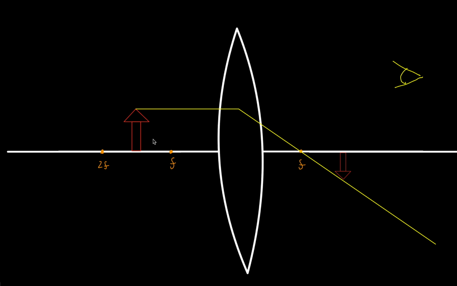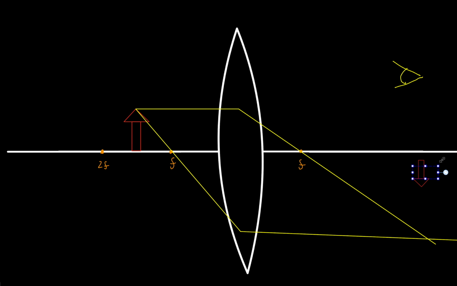Same thing over here, but going through our focal length down here, a little bit steeper, and then moving straight. So now we have a real inverted image, but this will be an enlarged image, as you can see. Where these two points meet, this is where we form our image.